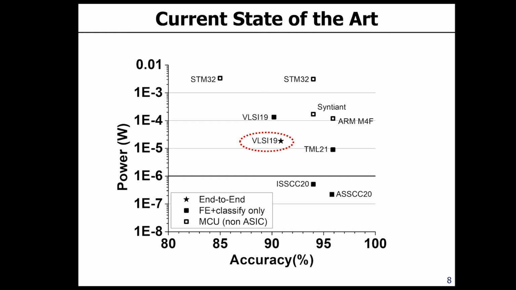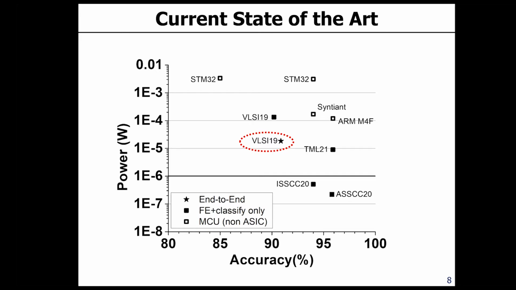And as the names imply, these are software implementations on a microcontroller, right? If you do software implementation, the state of the art shows something around 1 milliwatt, or about hundreds of microwatts of power consumption, which is great. And their accuracy ranges from 85% to 90-something, 95% accuracy. So that's the kind of software implementation on a low power microcontroller.